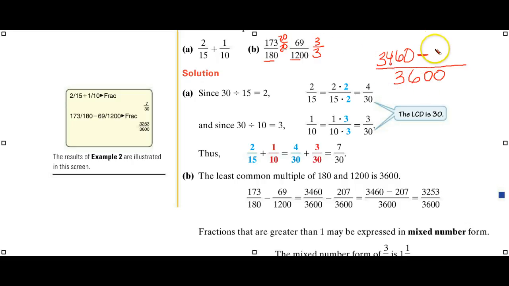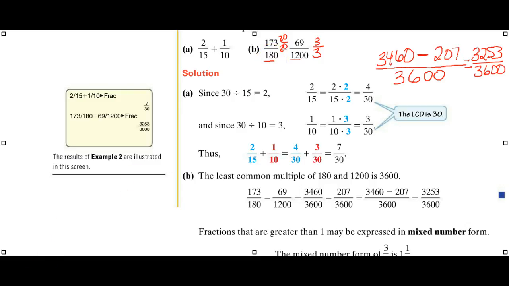And this now becomes 207, which when we do this subtraction, we get 3253 over 3600. So they jumped from a rather easy one to one that was very challenging.